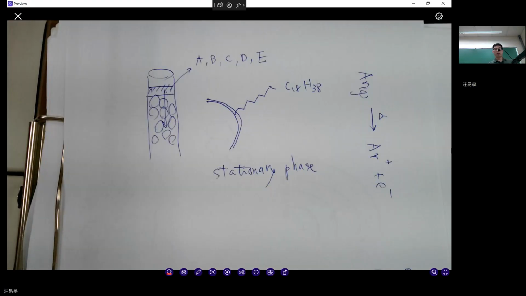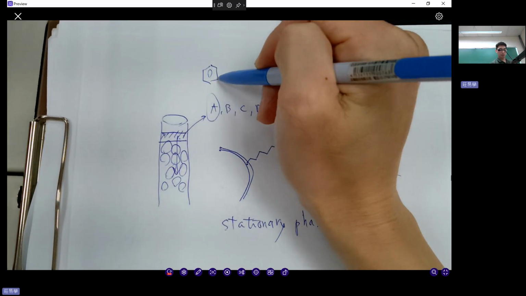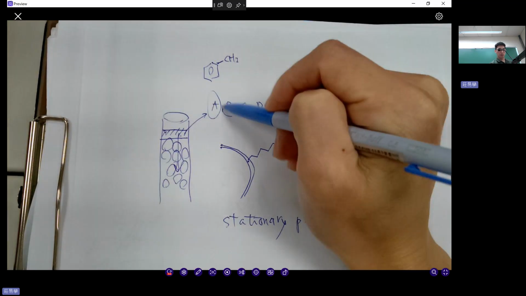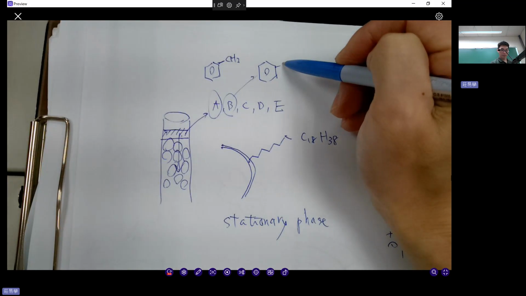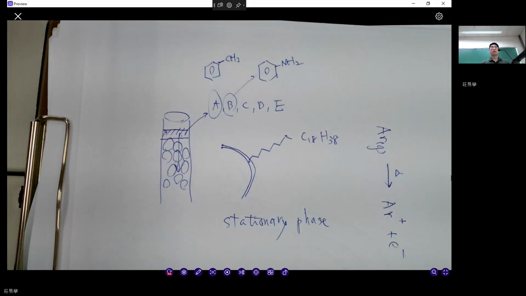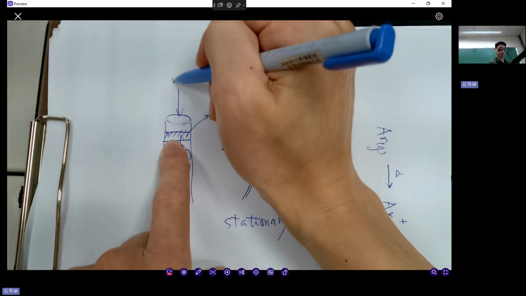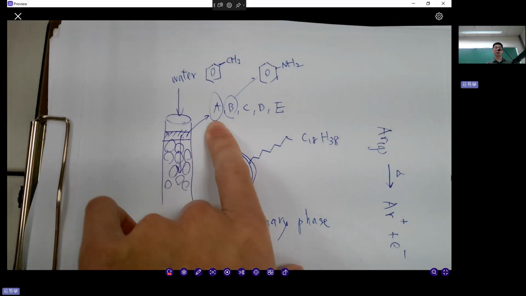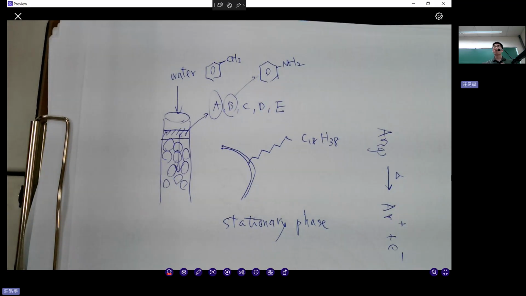So let's say compound A is toluene, and compound B is aniline. You have water as a mobile phase. So when the mixture of compounds A and B is flowing through the column, what would you expect? Which one is moving faster?